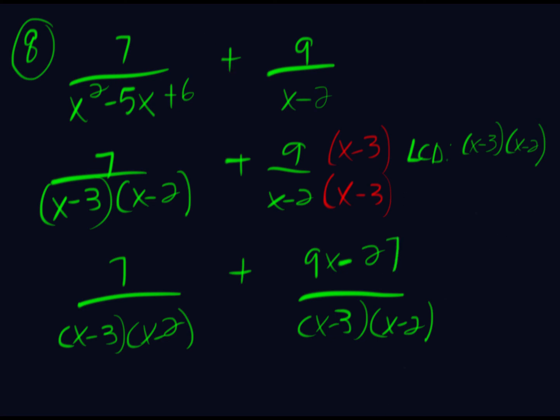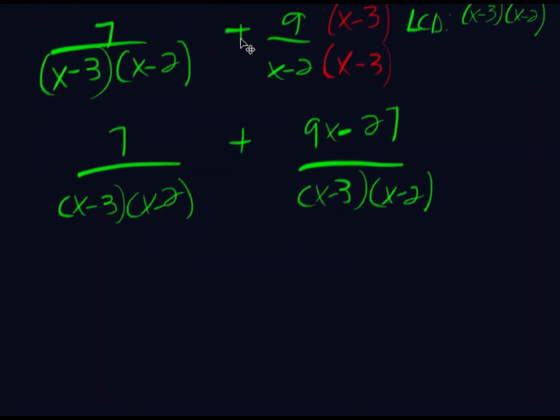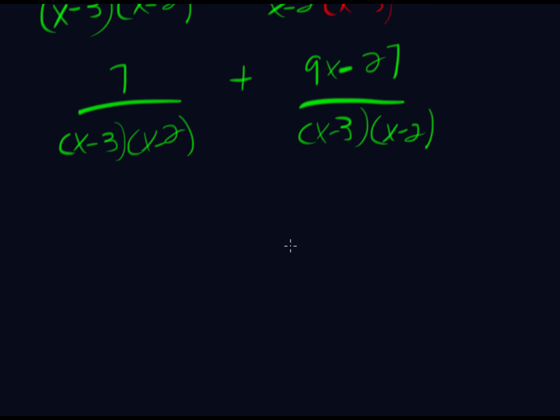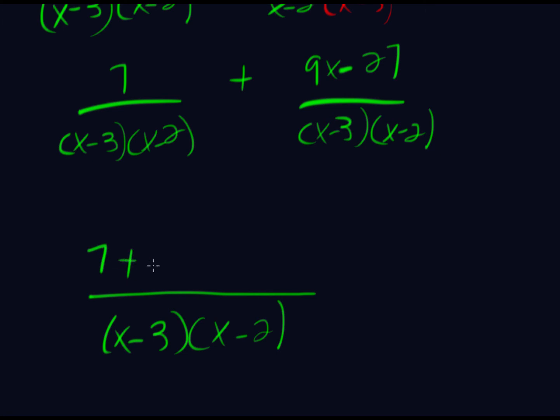So now I want to write these two separate expressions as one expression, since they have the same denominator. It will be 7 plus 9x minus 27. And now I can just combine like terms in that numerator.